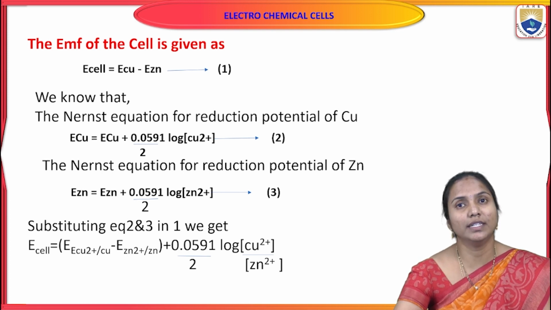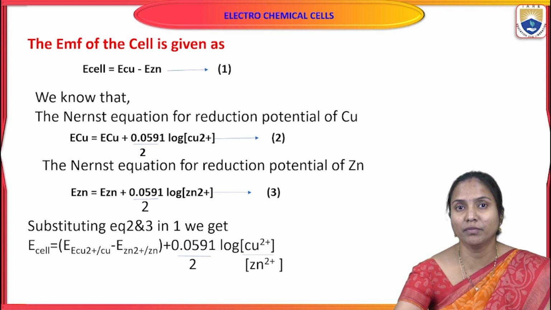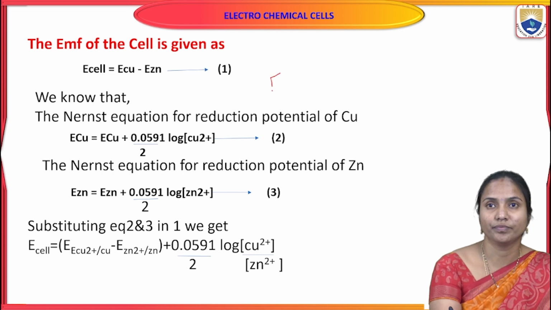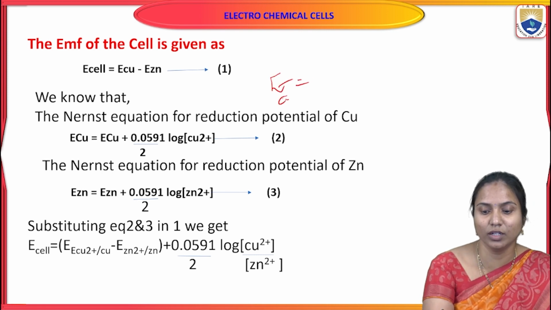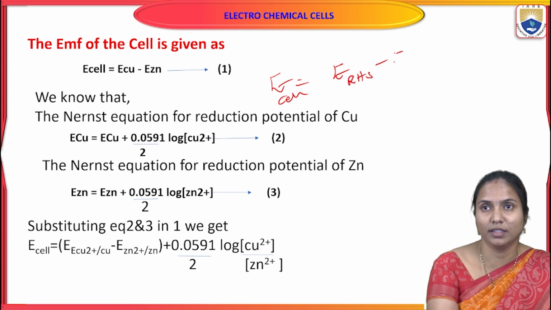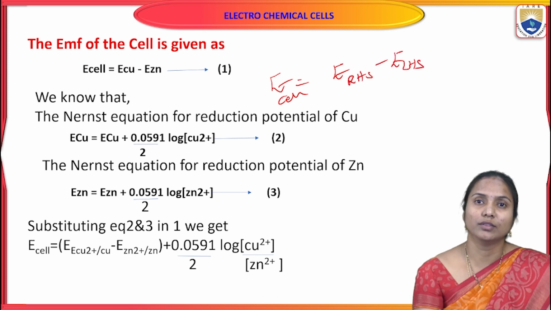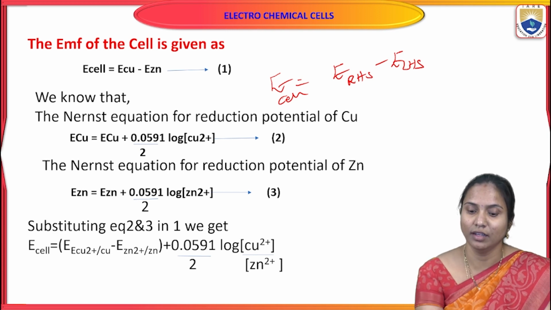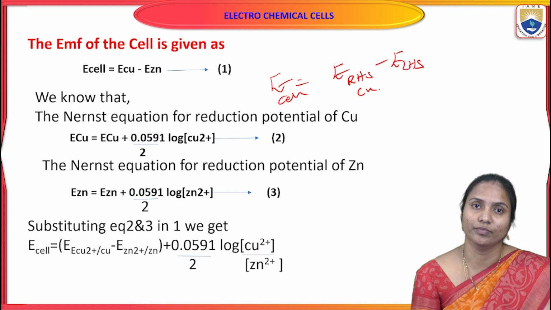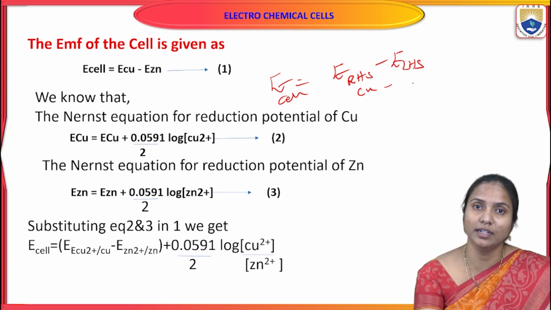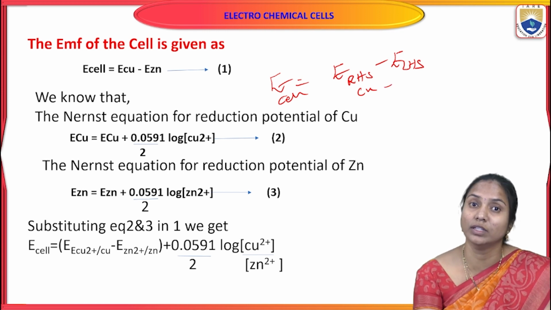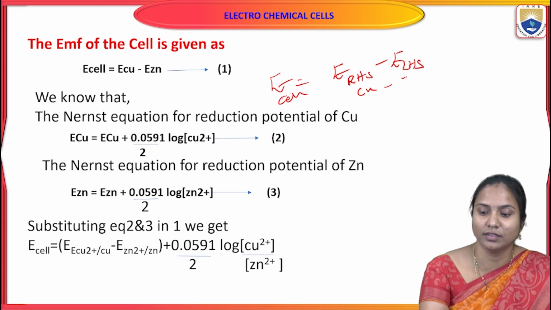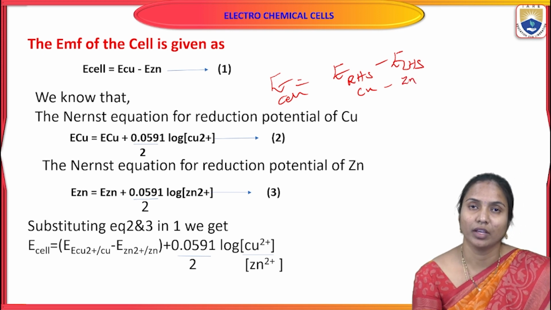So already we know E cell. How can we calculate the EMF of the cell? E cell equals E RHS minus E LHS. The right hand side electrode means cathode, so in this galvanic cell, copper acts as the cathode. On the left hand side we take zinc, which acts as the anode.